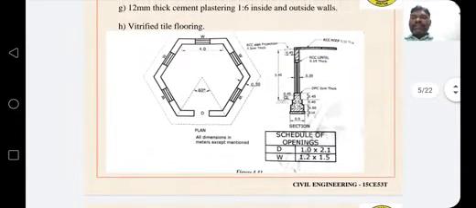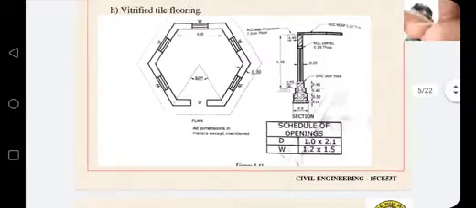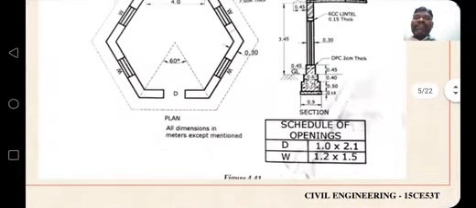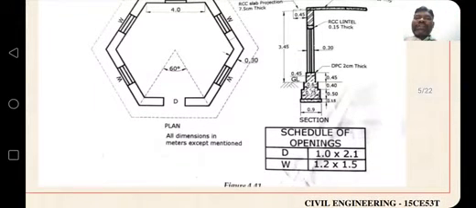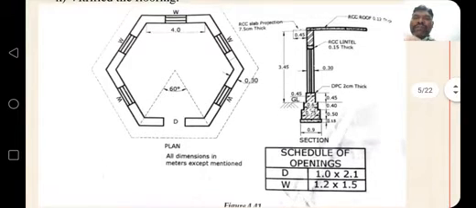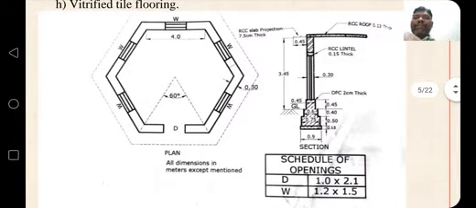This is the hexagonal plan, and the foundation details are: 0.9 width of the excavation and total depth of excavation is 1.05 meter. The bed concrete thickness is 0.15 meter and the foundation has two steps, 0.6 into 0.4 meter first step and 0.75 into 0.5 meter.